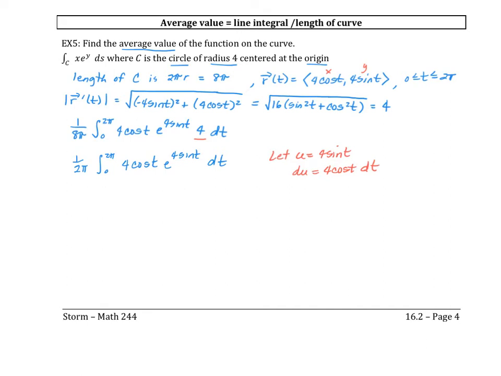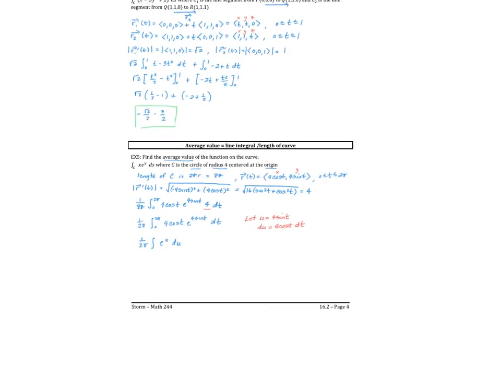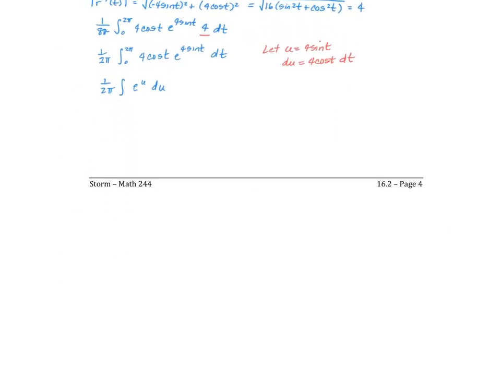And this becomes 1 over 2 pi times the integral of e to the u du, and I didn't change my limits of integration because that's just too easy. I'll get 0.